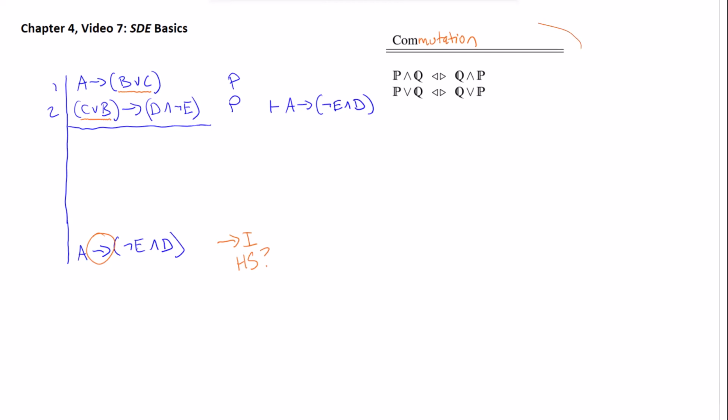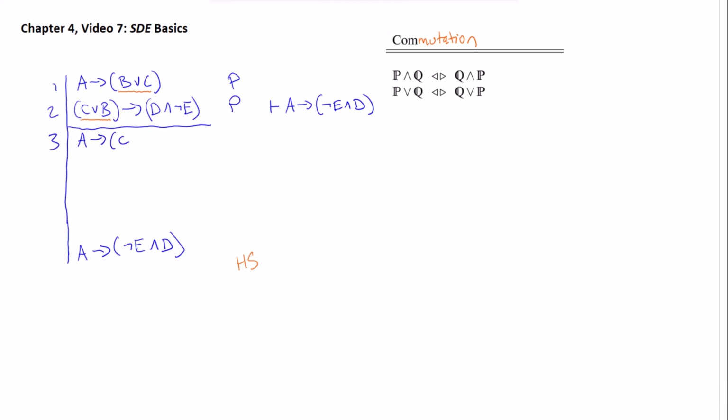Given now that I have the commutation rule, I might be able to use it to set up a hypothetical syllogism, in which case I would avoid the arrow introduction subderivation altogether. Let's try that. So it doesn't matter whether we alter line 1 or line 2. What we're going to be doing is addressing one of those two areas underlined in orange. So that I don't have to write out the longer formula, I'm going to deal with line 1.